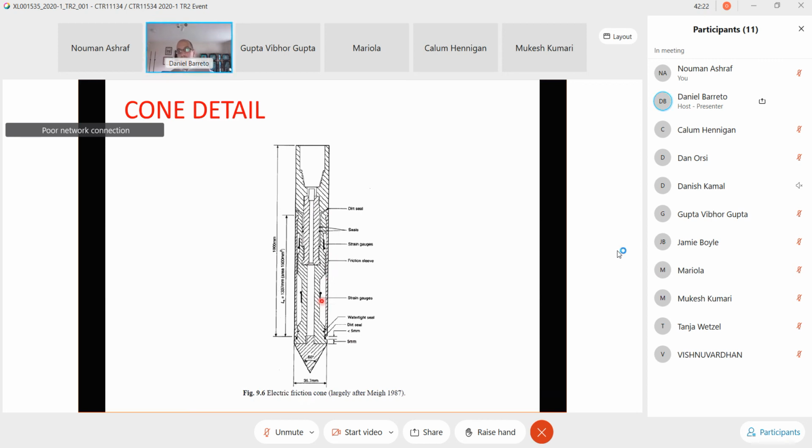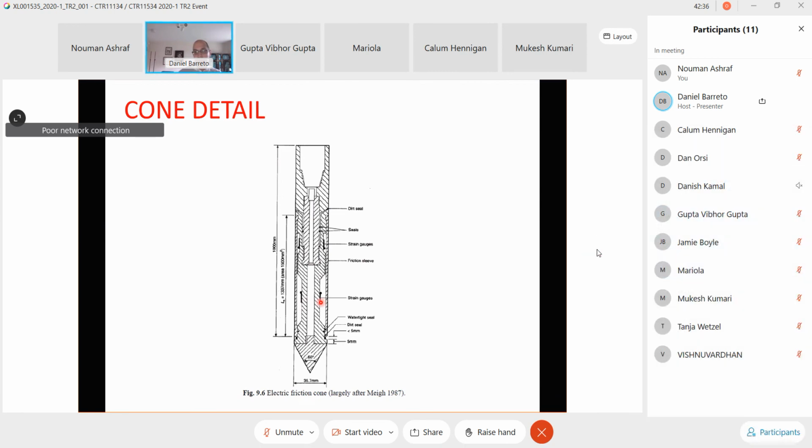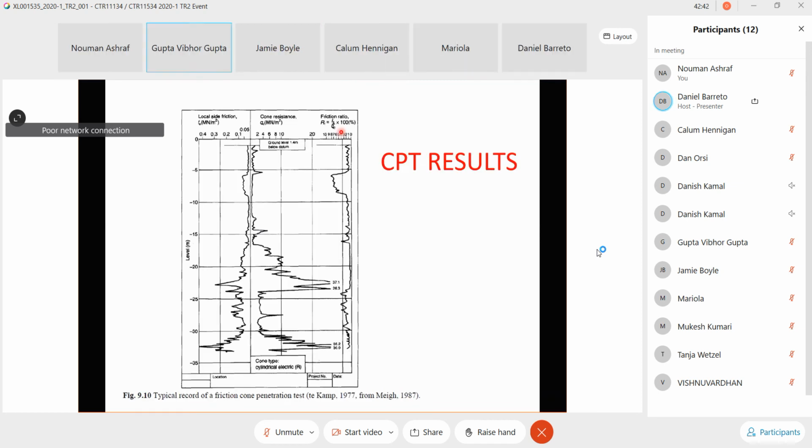In addition to that, you have other sensors, for example, the friction ratio, which as a standard you get from most commercial companies.